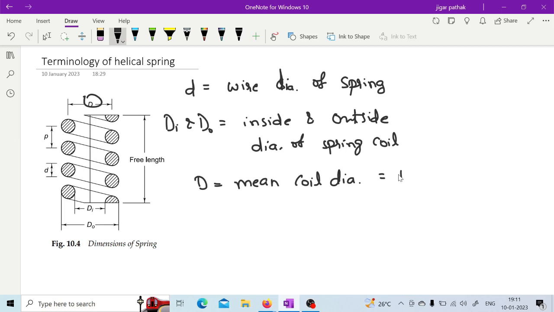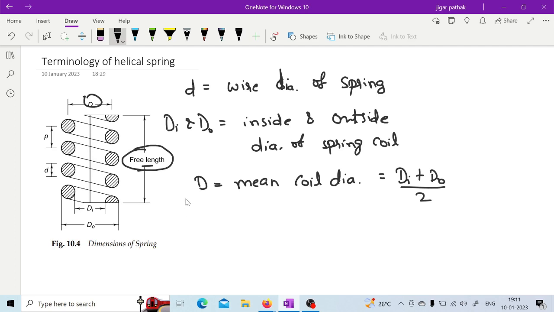As the name suggests, you can calculate it as (di plus do) by 2. The length terminology we will discuss in the next slide at length.